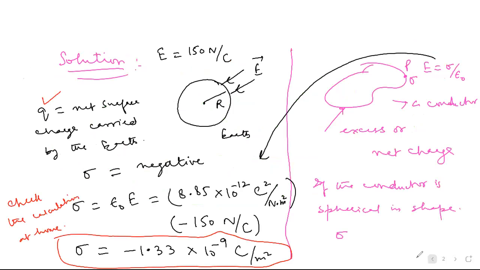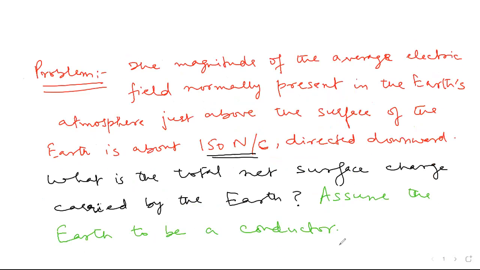So let me summarize the problem. We are given the electric field normally present just above the surface of Earth as 150 Newton per Coulomb, and its direction is also specified as directed downward. We are asked to find the net surface charge carried by the Earth, and it is said to assume Earth to be a conductor.